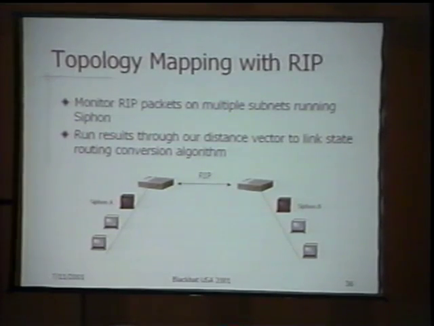We'll run it through a distance vector to link state routing conversion method, which basically takes multiple RIP advertisements and syncs them together to estimate how far certain networks are from networks we have Siphon running on, and also to build a general topology of where networks lie. Not necessarily how target hosts are connected peer-to-peer, but general network diagrams.